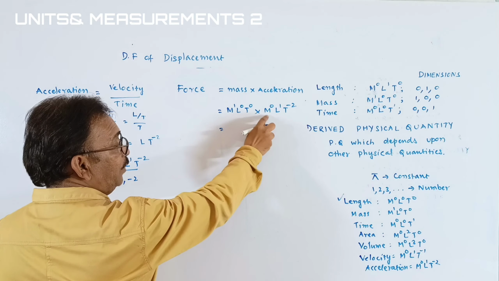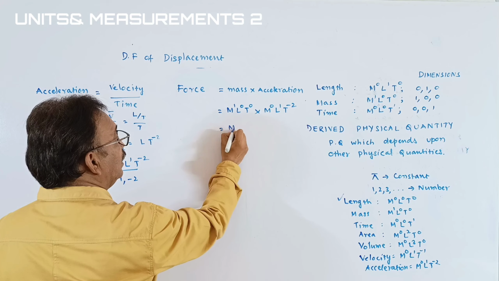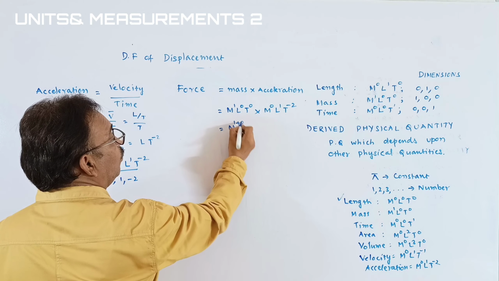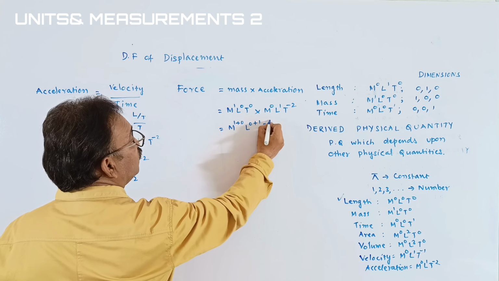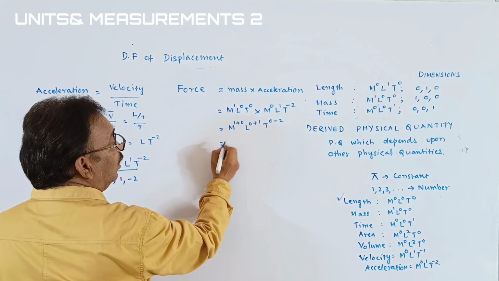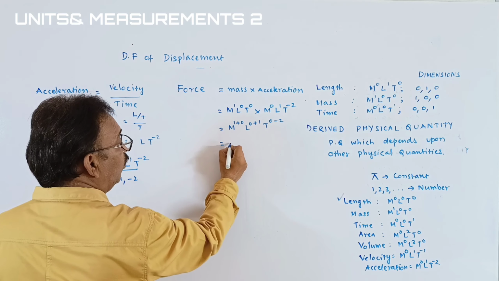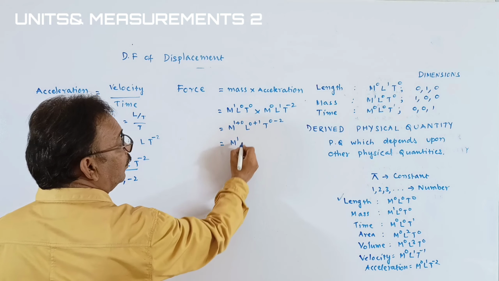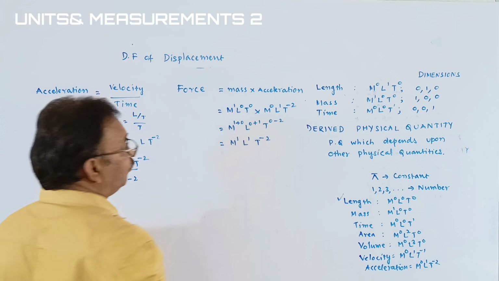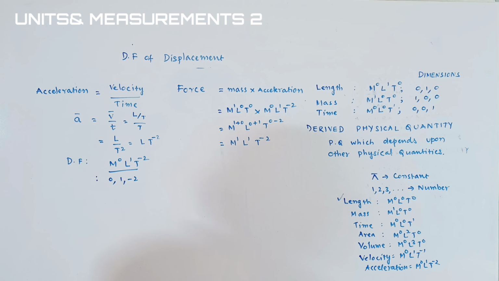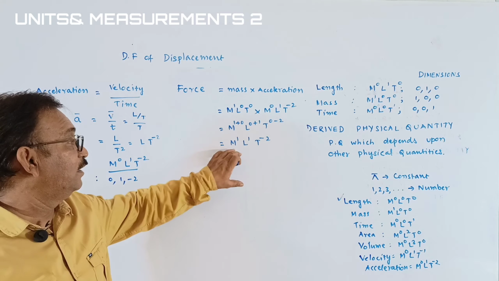If the bases are the same, we have to add the powers. M to the power of 1 plus 0, L to the power of 0 plus 1, T to the power of 0 minus 2. 1 plus 0 is equal to 1: M1 L1 T inverse 2. It is the fastest way to write the dimensional formula, students.